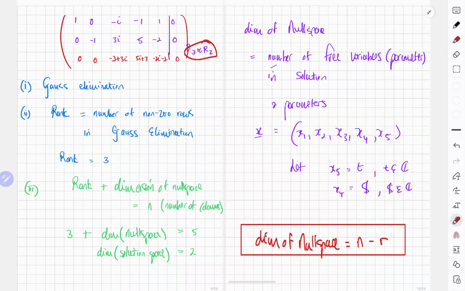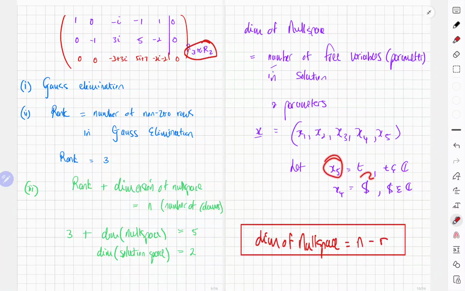Now remember, the null space is the solution space. So if they had asked us to find the solution space, we would have solved this. We have 2 parameters, so we would have introduced the 2 parameters.